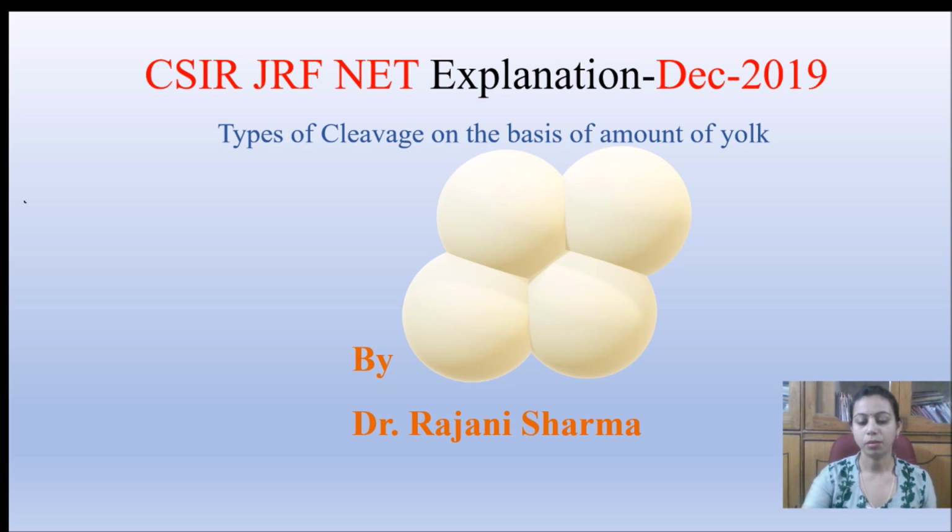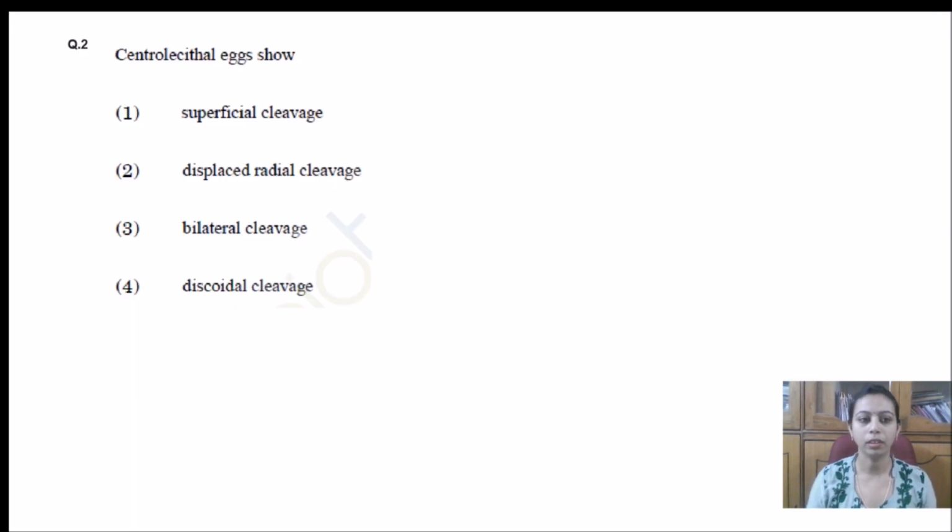Actually, this is a question which is based on the cleavage of the egg. We know that during development, after the fusion of egg and sperm, the zygote is formed. After that, the zygote undergoes divisions to form multiple cells, and these cells rearrange themselves to form a particular axis of our body.